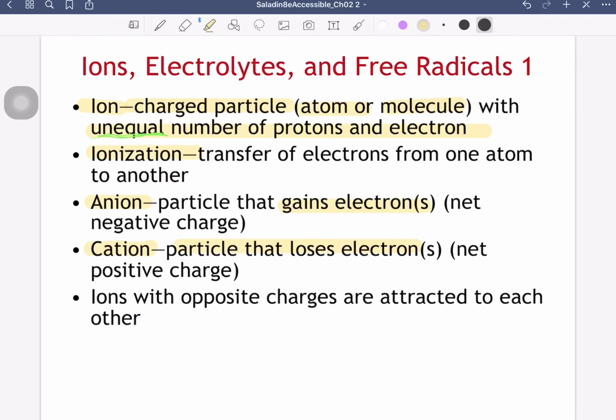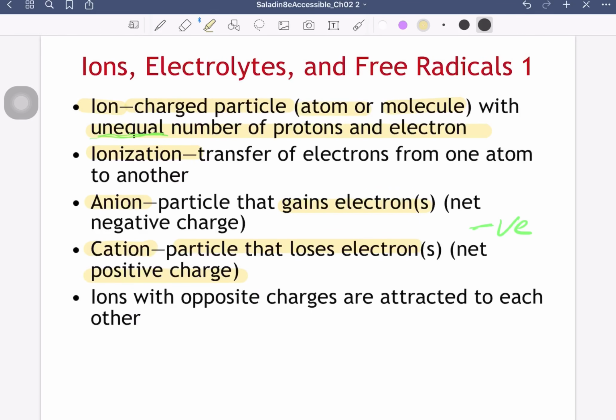And once again, what's the charge on electrons? They're negative, right? So if I lose one of my negative charges, then the overall net effect is now I become more positive. So we're looking at them becoming more positive.